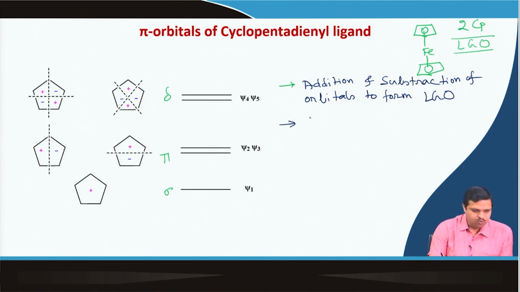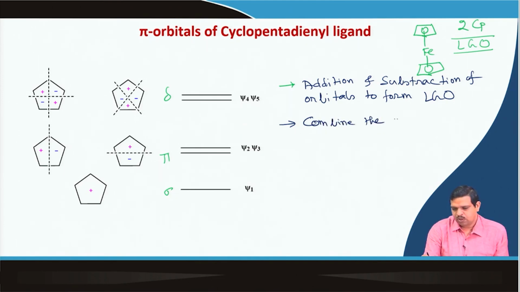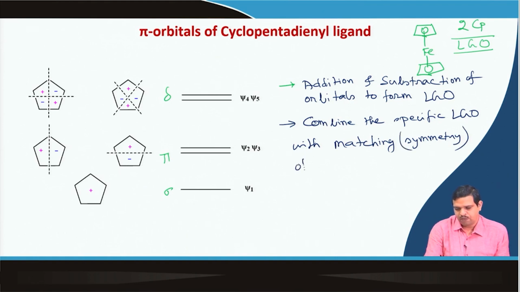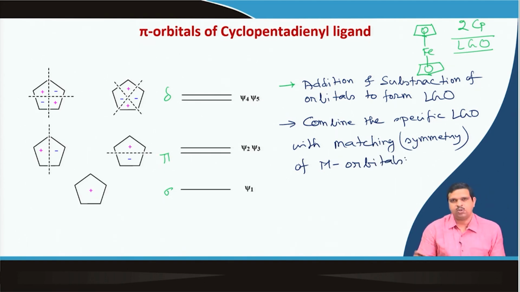So we will try to combine the LGO, the specific LGO, with matching, here basically matching in view of the symmetry of metal orbitals, to construct the molecular orbitals of the ferrocene or metallocene in general.